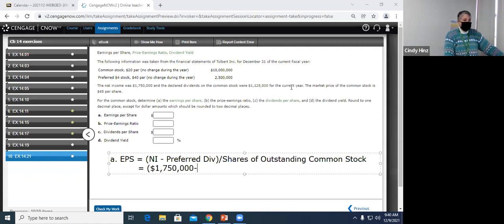It does not tell us how many shares there are, but it's $40 par value and $2,500,000. $2,500,000 divided by $40 per share would be a total of 62,500 shares of preferred stock.